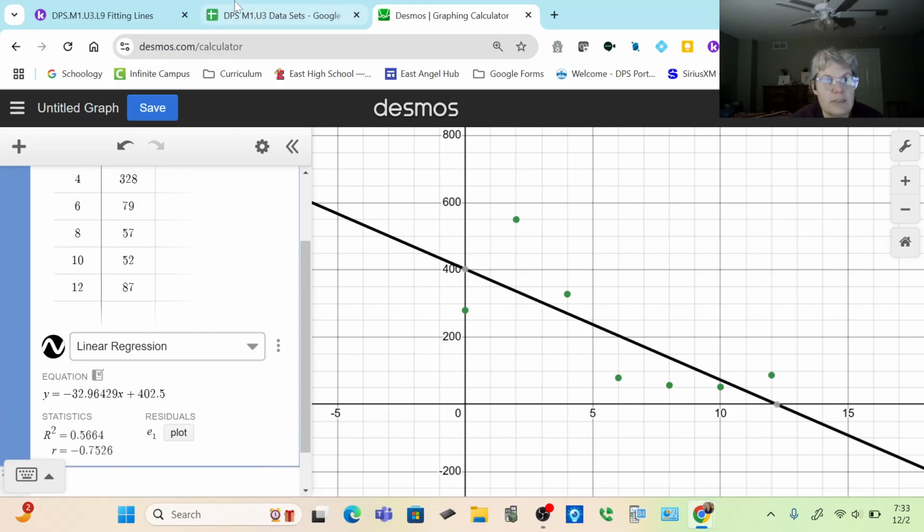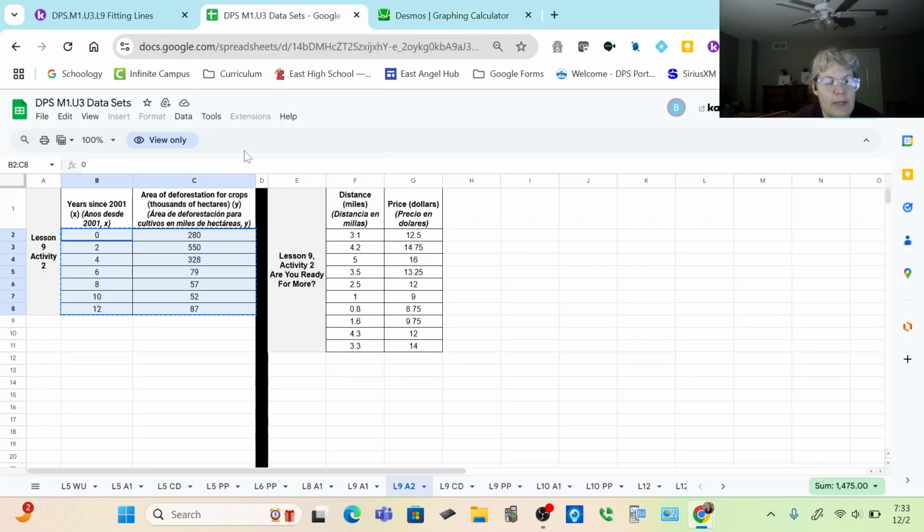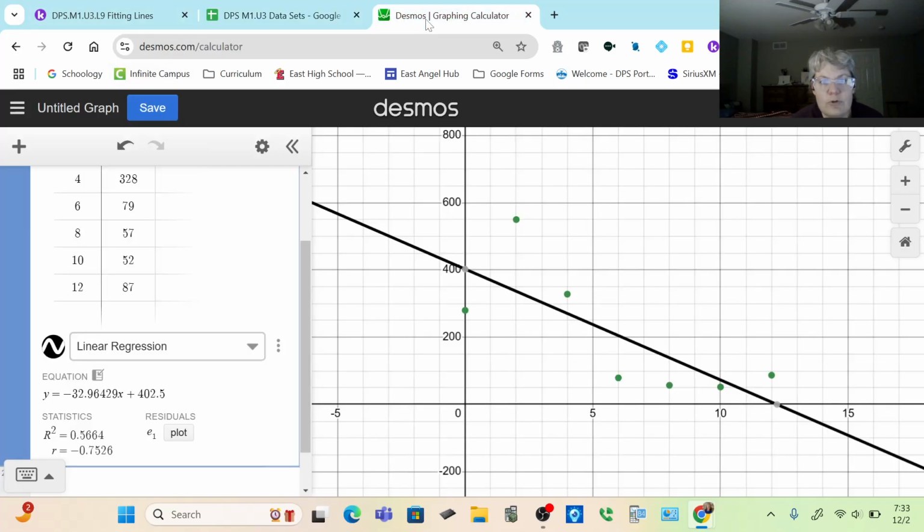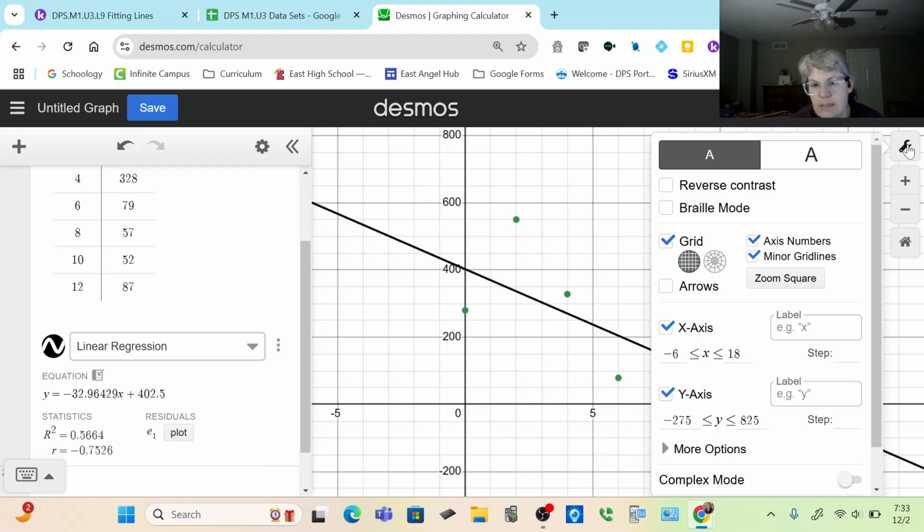And just to take another look at what my data was, it was years since 2001 and area of deforestation. So I'm just going to add those labels to my scatter plot. So I go to my graph settings. My x-axis was the years since 2001. So I just type that in the label for the x-axis.